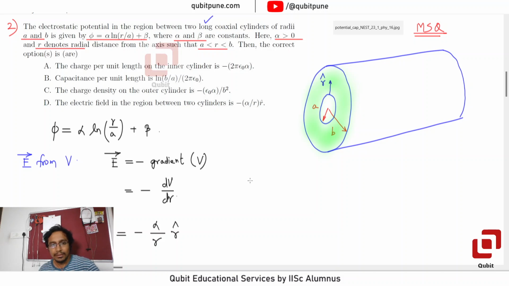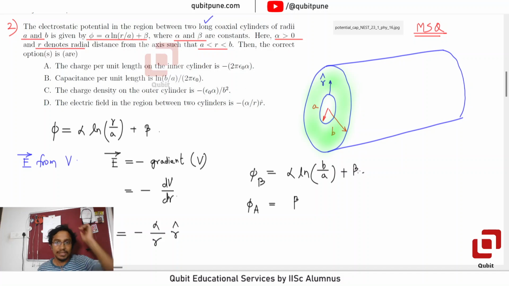Yes, potential is greater at B. Let's get the potential. Phi B is equal to alpha ln B by A plus beta. Potential at A is beta.